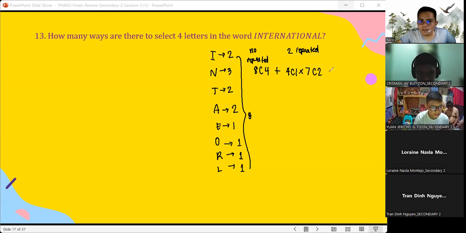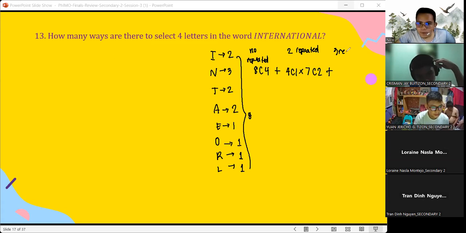So this one, what if there are three repeated? So out of this one, I bet, three, four, C1.